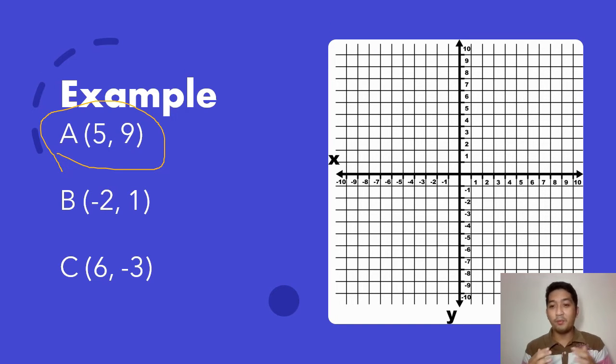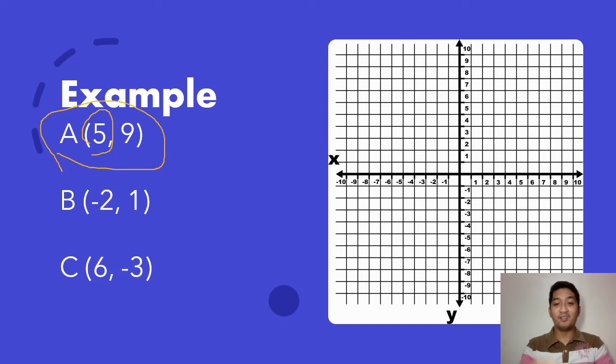Always remember in plotting points on a Cartesian plane, you always look first for the abscissa or the x-coordinate. What's the x-coordinate here? 5. So you look first at 5. Nasaan ba yung 5? Sa taas, sa baba, sa kaliwa o sa kanan?